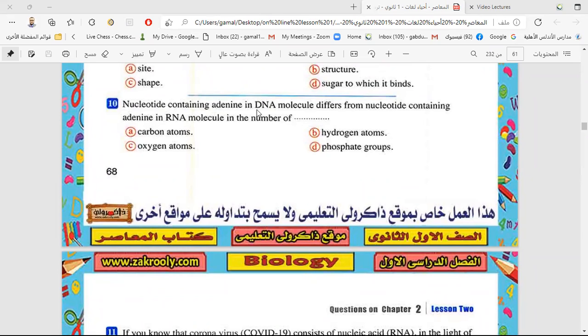The nucleotide of DNA binds to deoxyribose sugar, and the nucleotide of RNA binds to ribose sugar. You remember the difference between deoxyribose and ribose is in the number of oxygen atoms. Very good. There is a lack of one oxygen atom. The correct answer will be oxygen.